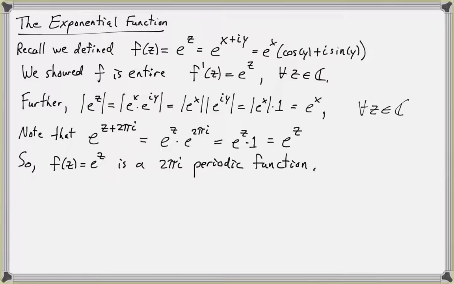Now I just mentioned that e to the x is always positive for a real number x. Well, this is not always the case for e to the z. In fact, e to the z can be negative.